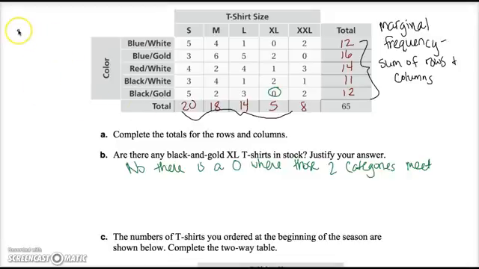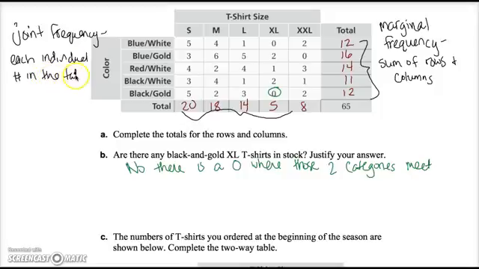The other one I want you to write in is called a joint frequency, and that is each individual number in the table. So all of these numbers throughout the entire table, those are all your joint frequencies. If you're ever asked to find either the joint frequencies or the marginal frequencies, you have those definitions there to help you remember what they mean.